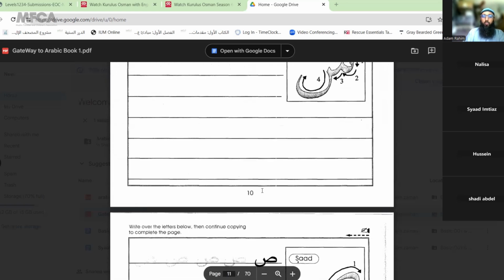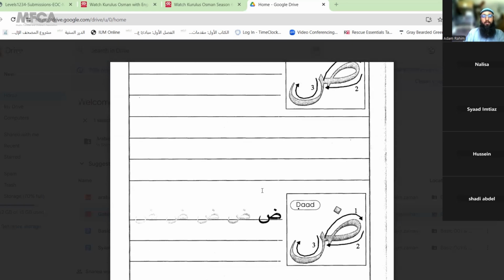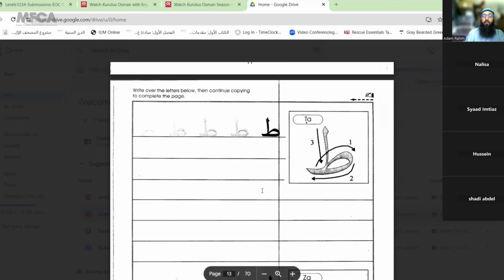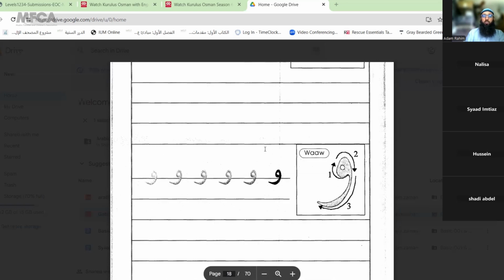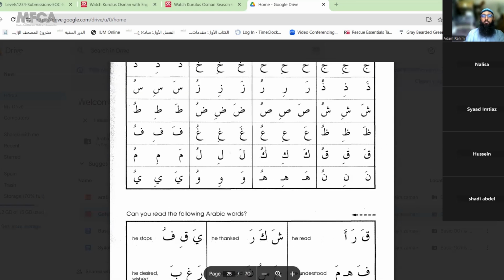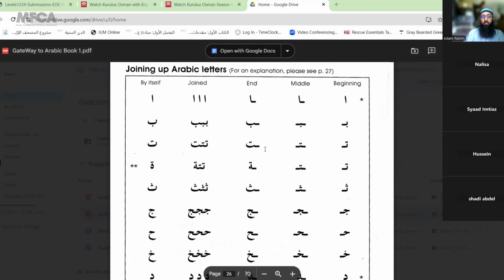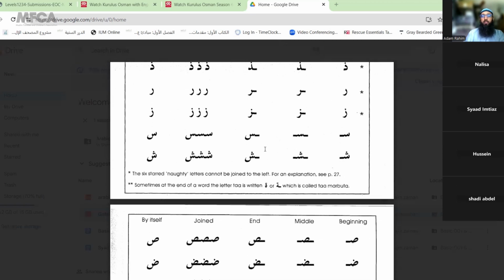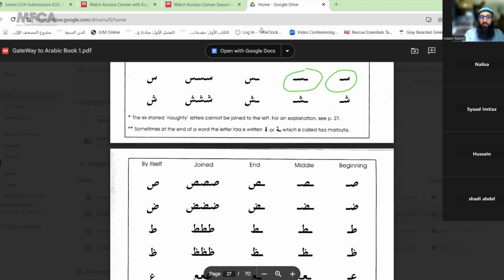So we've taken these four letters today: Seen, Sheen, Slod, and Wad. Let's get some practice now with the way that they should be written. If we go to page 25, you'll see here that these letters connect to that which comes after, so they have different positions: the way it's written at the beginning, in the middle, and at the end.